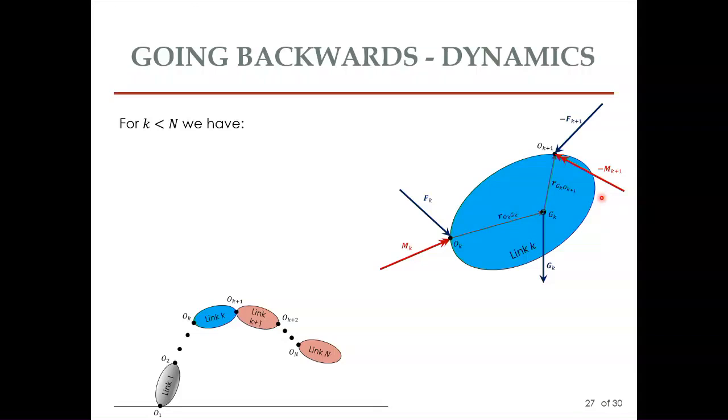So these ones were already found. You just need to add the minus to them. And there is the gravity force, gn-1 also. So you can do the free body diagram on this one. Write the Newton-Euler equations, sum of forces on link n-1 and sum of moments on link n-1 about point Gn-1, and work in frame n-1.